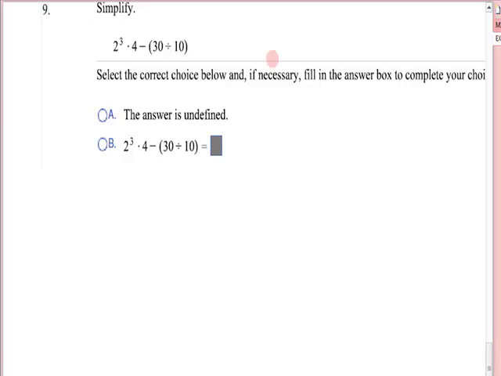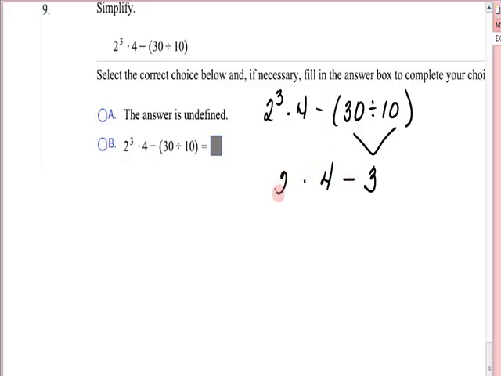Last example, I have 2 to the third times 4 minus parentheses 30 divided by 10. Okay, please excuse my dear Aunt Sally. P for parentheses. I will do what's in the parentheses first. 30 divided by 10 is 3. So copy down the rest of the problem.